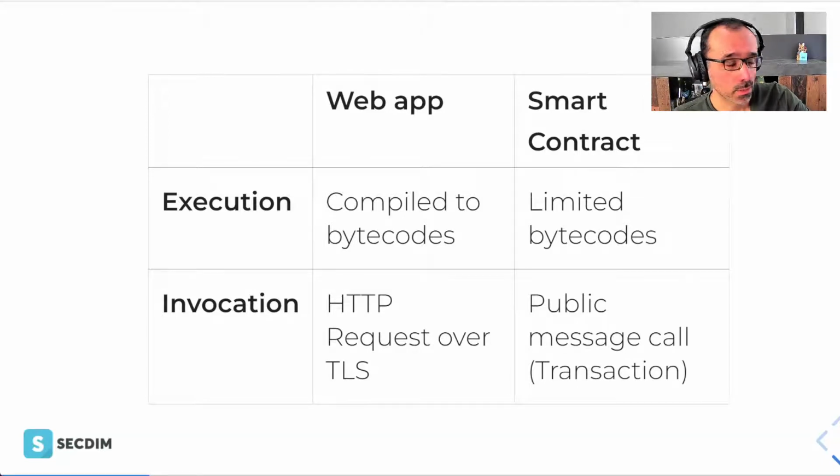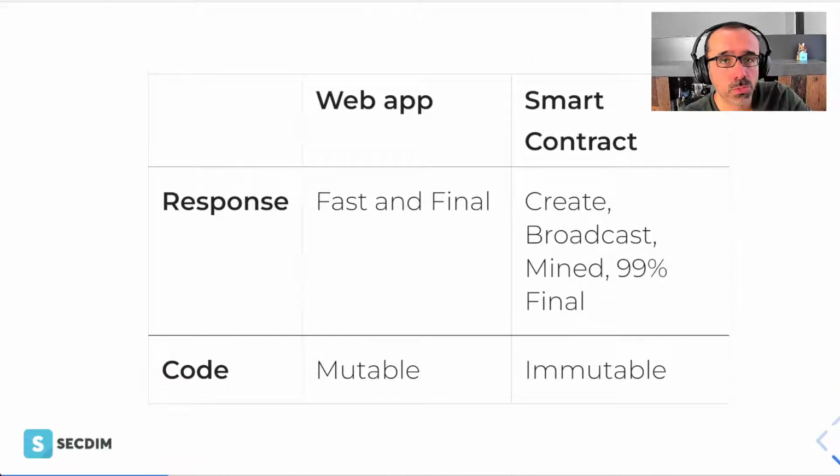When it comes to responses, in a web app world, we send the HTTP request and receive the response back almost immediately. Again, that is not the case when it comes to smart contracts. We create the request, then this request is broadcast to the network, that blockchain we talked about, and then we need to wait for one of those EVM machines, or better to say nodes, or better than that, miners, to pick up the message.